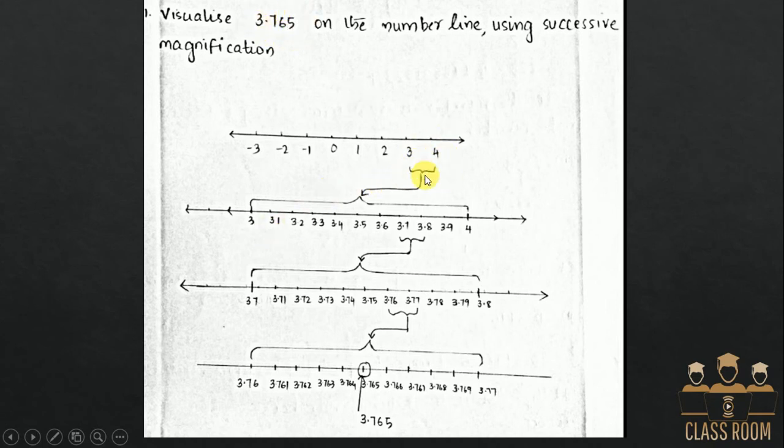So we can magnify this part. We are using a lens, we are magnifying. What happens? We can get all the small numbers in between this.